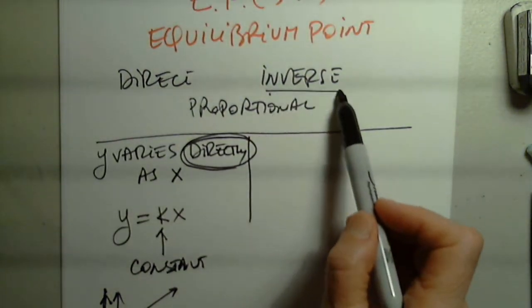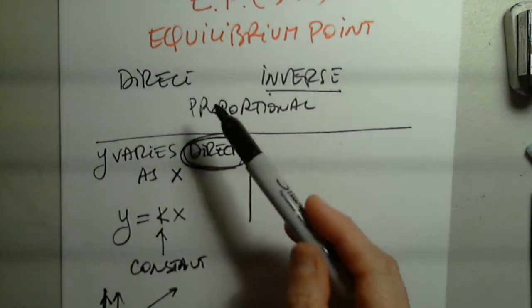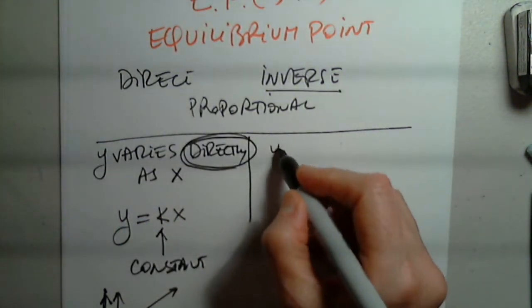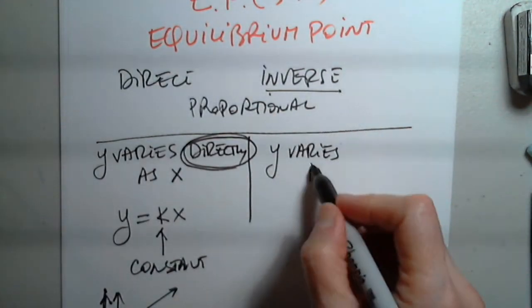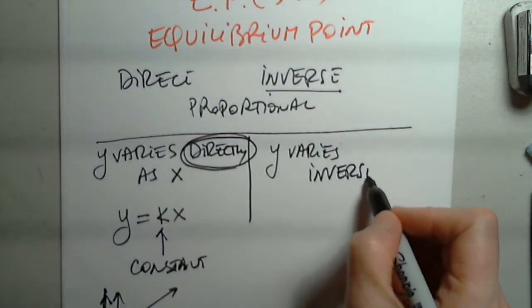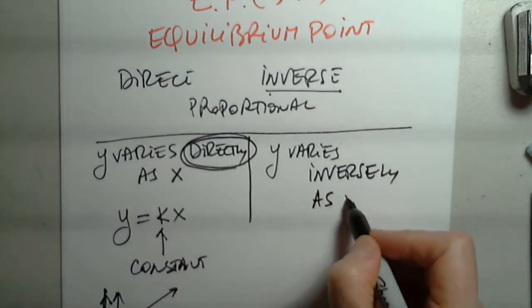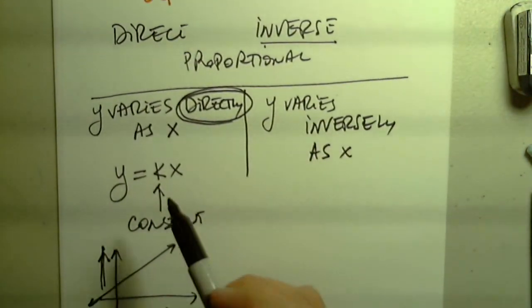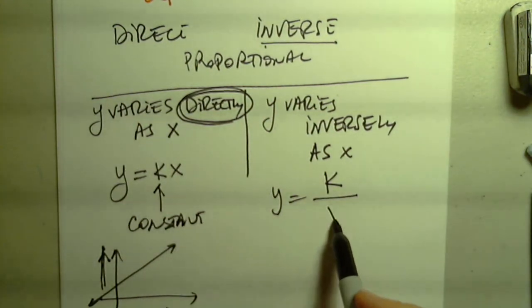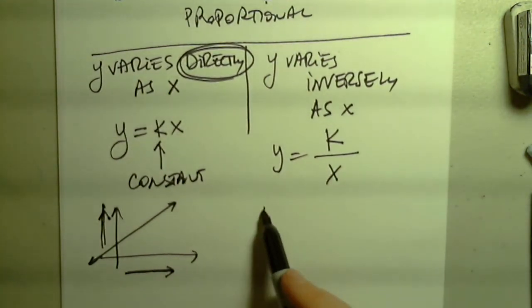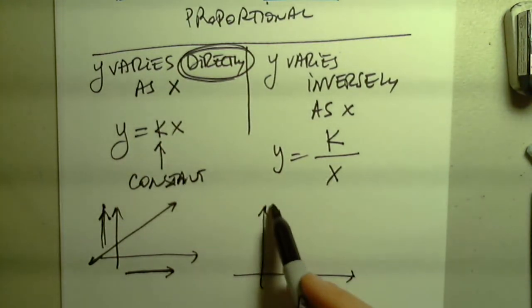The other possibility, there is a third one, but your book presents only two, so we'll stick with that. Y varies inversely as x. Then y will be k, the same constant, over x. And what will happen here is something like this.